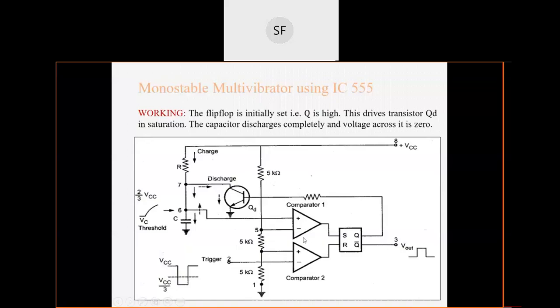An external trigger was there and there was no component connected between 6 and 7. So, three points: only one resistor, which is connected between 4 and 7; between 6 and 7 it is short circuited; and an external trigger was there.